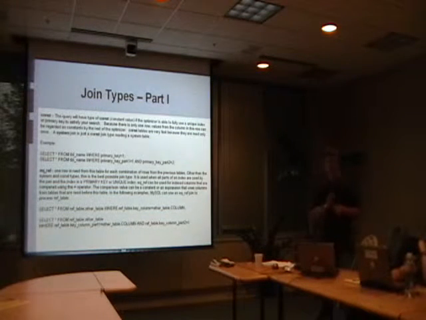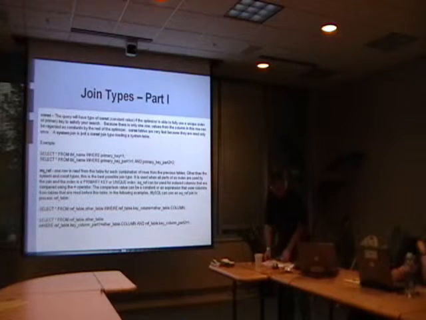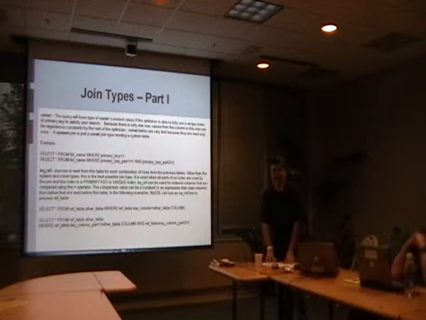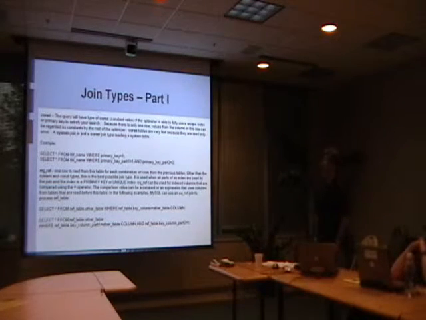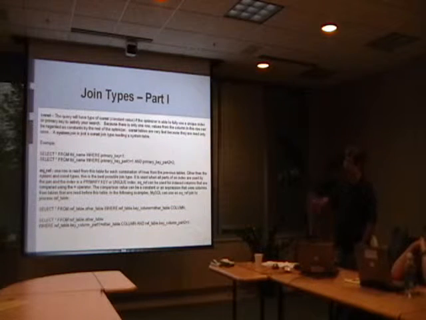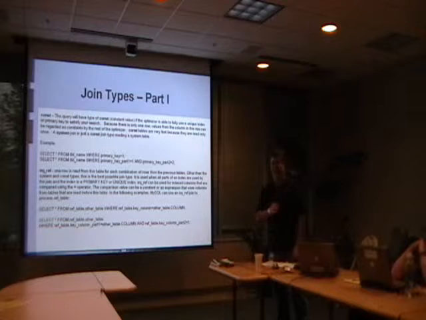And these, I want to point this out, are given in order from best to worst, basically. Okay? So when you see these, you want to see a constant join type instead of an all join type, which will be the last one. Okay?